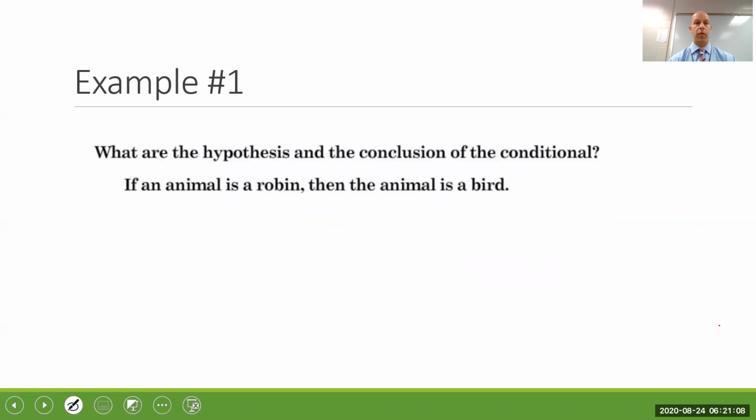So for example, what are the hypothesis and the conclusion for the following conditional statement? If an animal is a robin, then the animal is a bird. So remember, P arrow Q, the P is the hypothesis, and the Q is the conclusion.